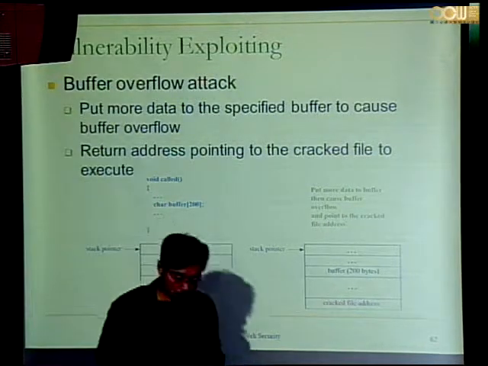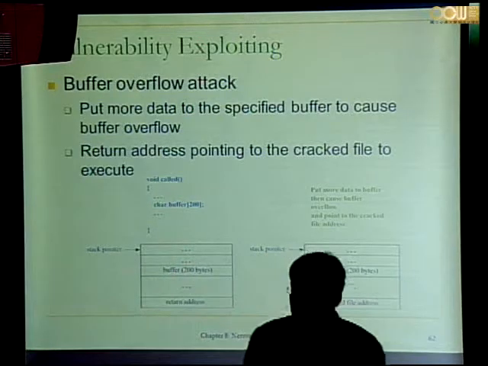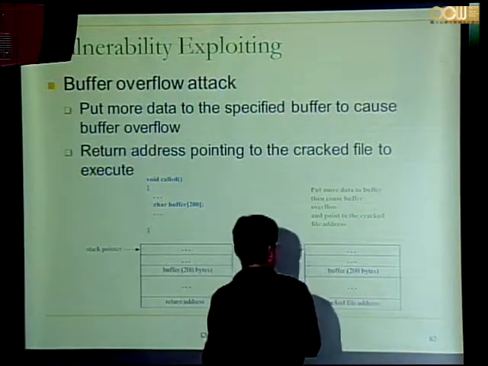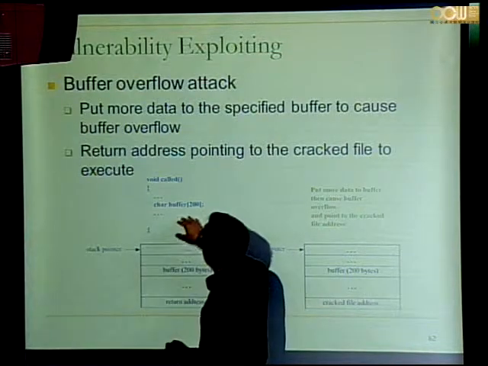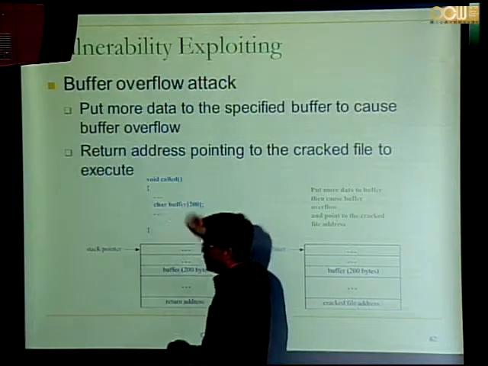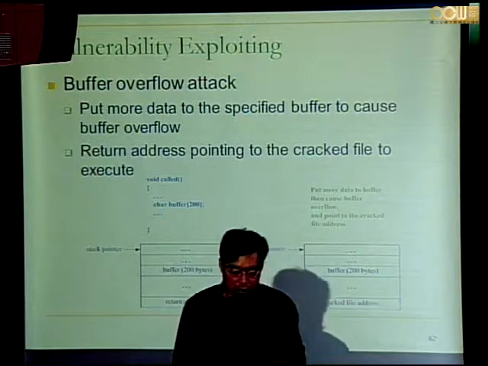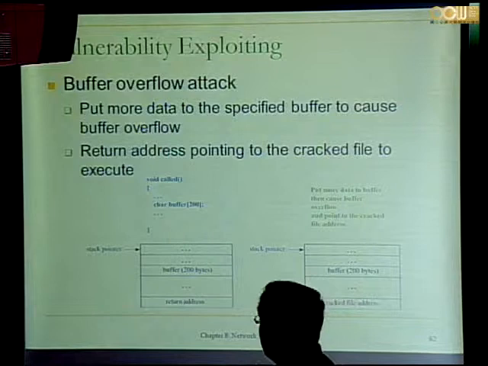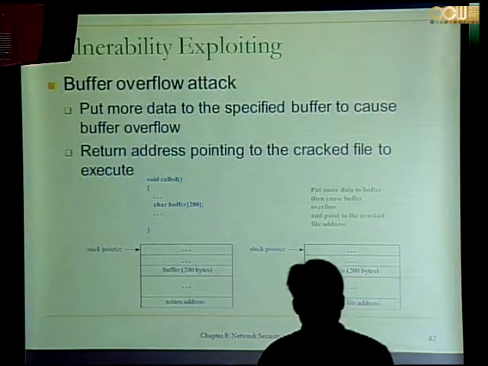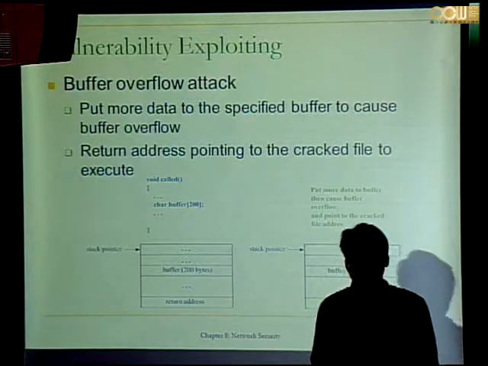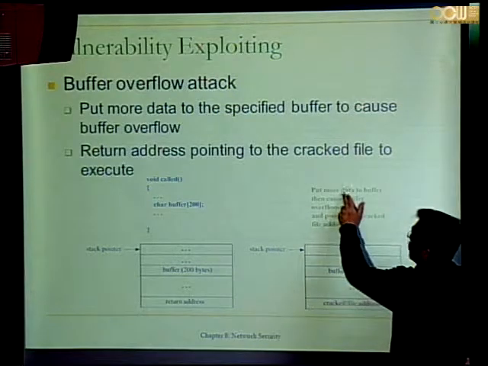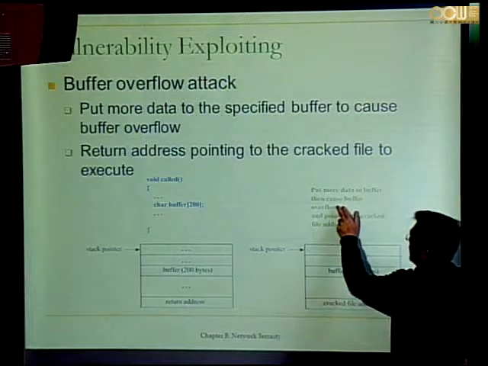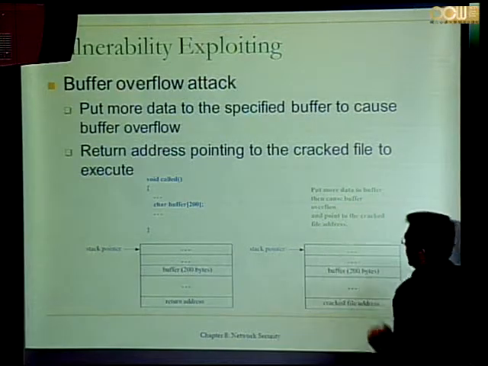So if I write this program and I don't do much checking of what has been passed as the parameter, I just receive it, then it is possible that the client can put more data into the parameter that will cause the buffer overflow.